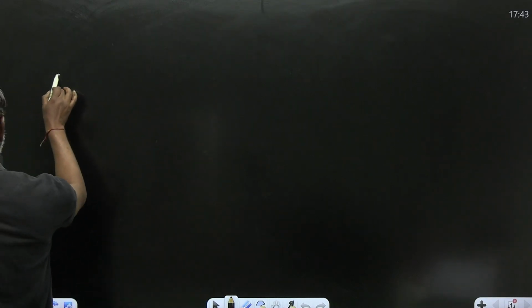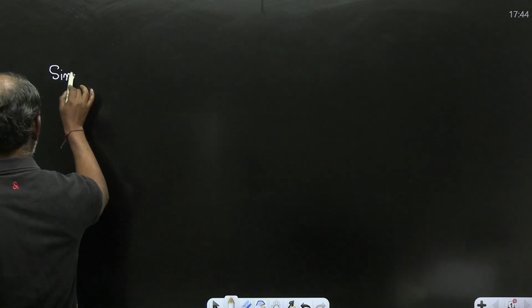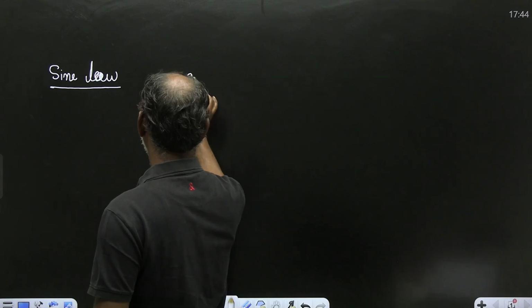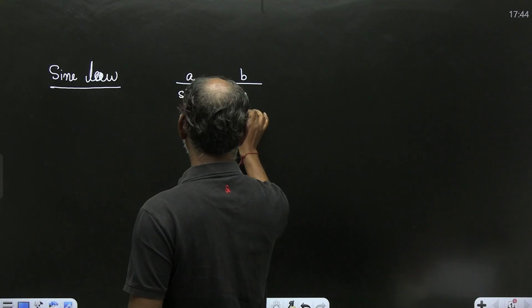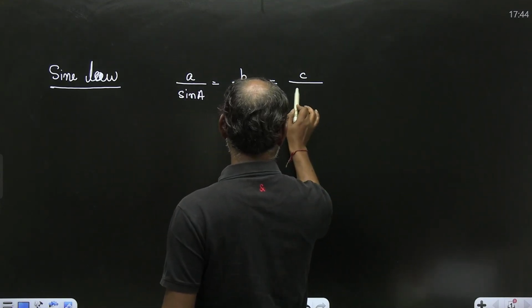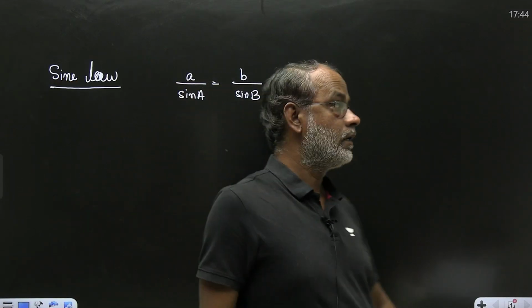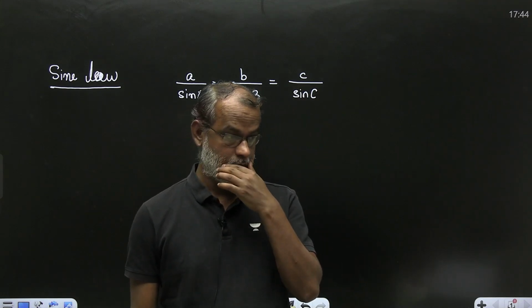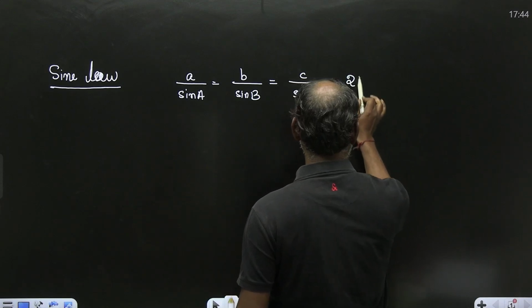In the class, we also started sine law. In the previous lecture, at the fag end, we started with sine law and we said a by sine A is b by sine B is c by sine C. And then we said extended sine law, that this is equal to 2R.